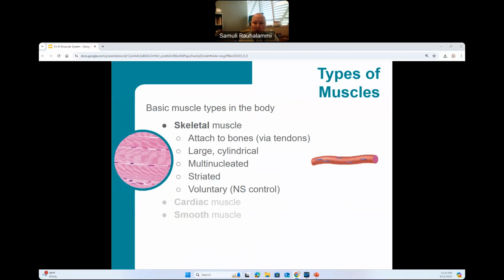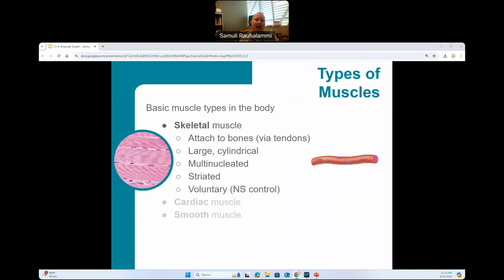Another thing that's noteworthy is that we're going to see striations. Those are the stripes, and those stripes are really our actin and myosin filaments letting light through at some parts and not at other parts. Another thing to notice about skeletal muscles is that they are voluntary muscles. They're the only muscle tissue under conscious control.